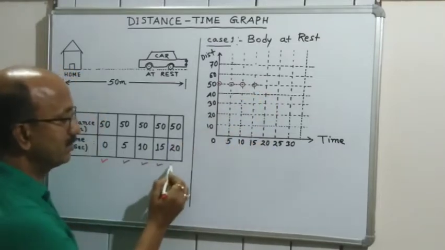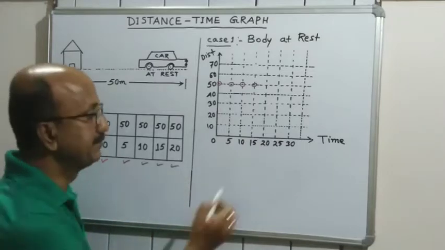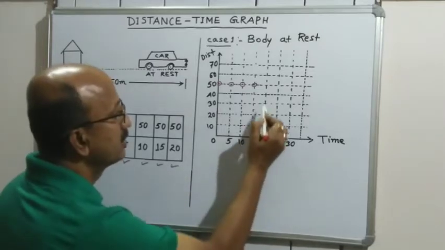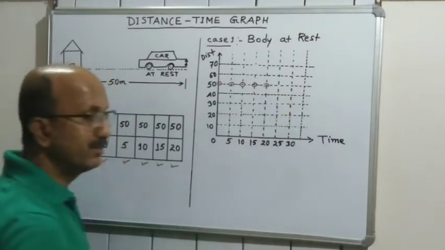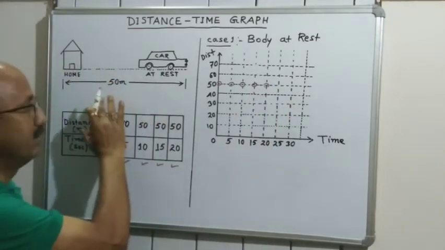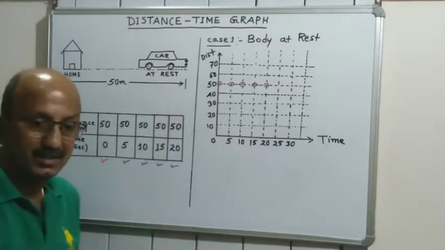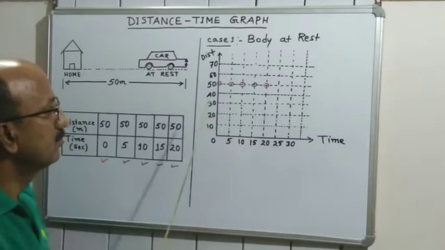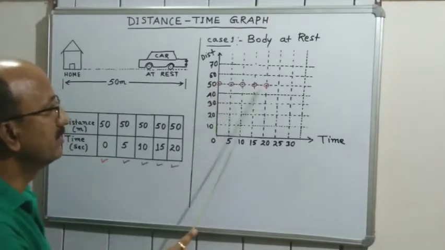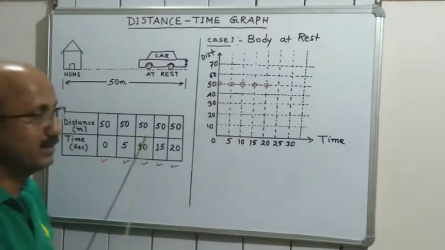And last, when time is 20, the distance of the car is still 50. So the distance of the car from your home is fixed because the car is at rest. These encircled points represent this table in the graph.